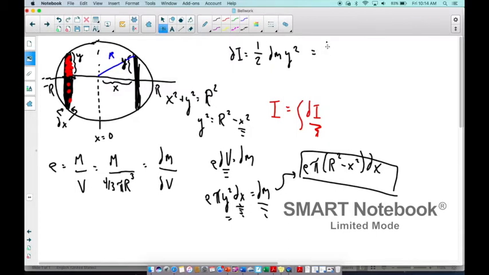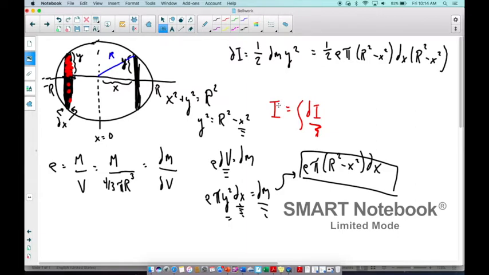It's going to be 1/2 rho pi (r squared minus x squared) dx times y squared, which is r squared minus x squared, and there it is. That is my expression for dI.